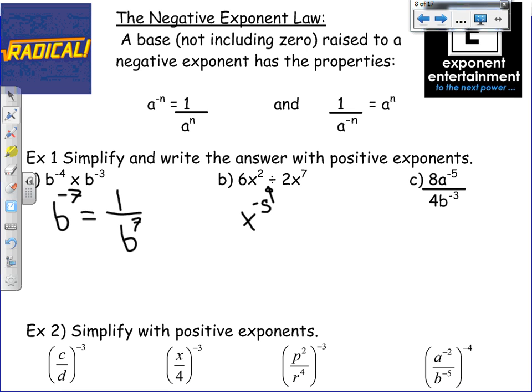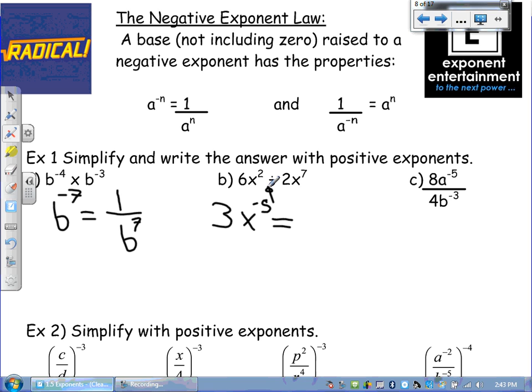We don't want negative exponents. So what's this equal to? 1 over 3x. Close. Just that power is to a negative exponent. What's 3 to the power of? 3 is to the power of 1.